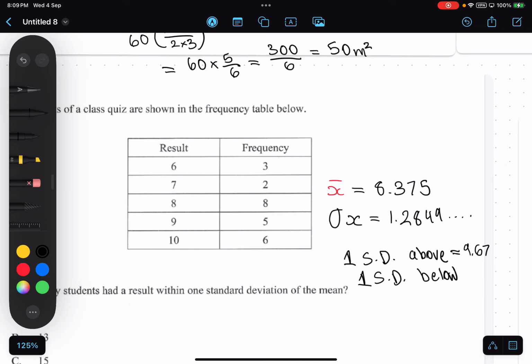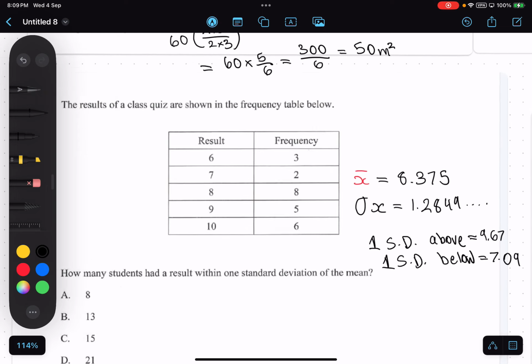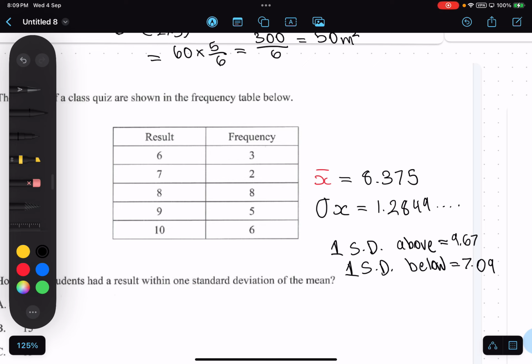I did this already, so it's pre-worked out. So it's 7.09. So every score that's 8 is between 7.09 and 9.67.